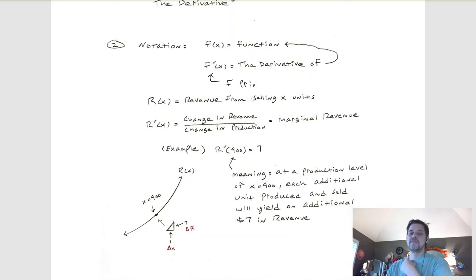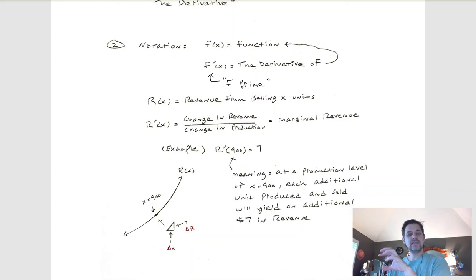Okay, so that's how you read it. That's how you say it out loud, and I'll refer to it that way. But that's what the derivative will be. Okay, so there's a function, and then there's this thing called the derivative. All right. And its symbol is f apostrophe x, read out loud f prime of x.